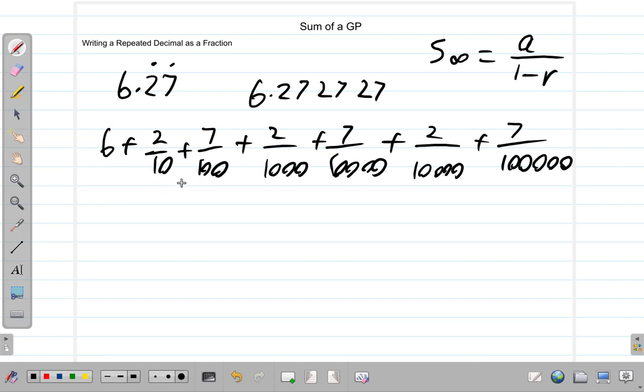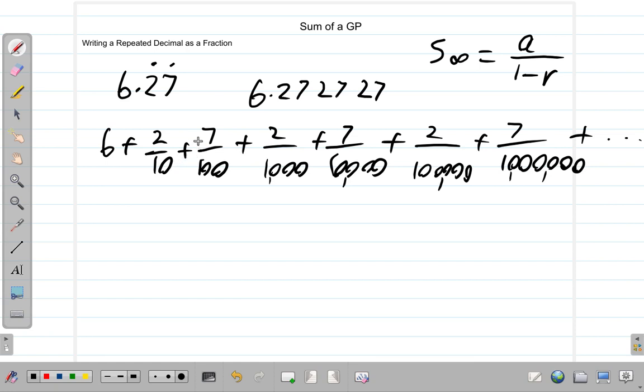Let me check again: 10, 100, 1,000, 10,000, 100,000. Then the next one is 100,000 times 10, which is 1,000,000. Let me put the commas there. Plus, and it goes on and on. Now, this is what we have.